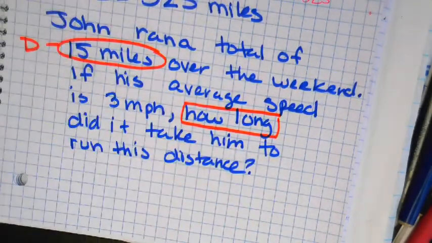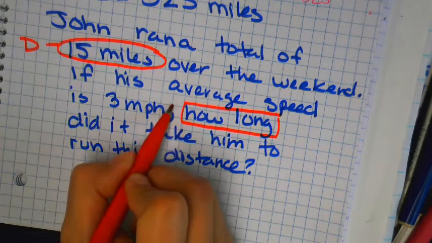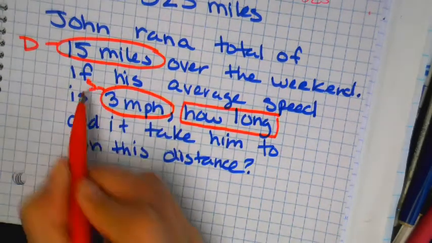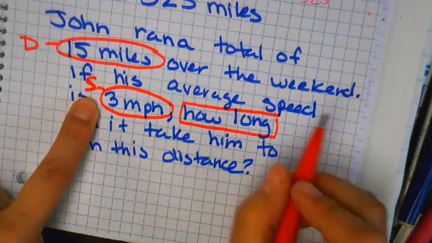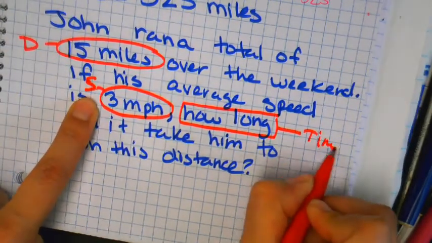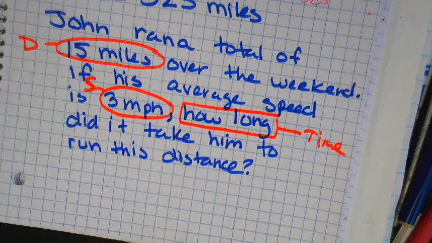So obviously you're not solving for distance because it's right there. What's my other number? 3 miles per hour. That is speed. So if I have distance and I have speed, I'm missing time. That's another way of doing this. If you don't know what you're solving for, go back and look at the other numbers.